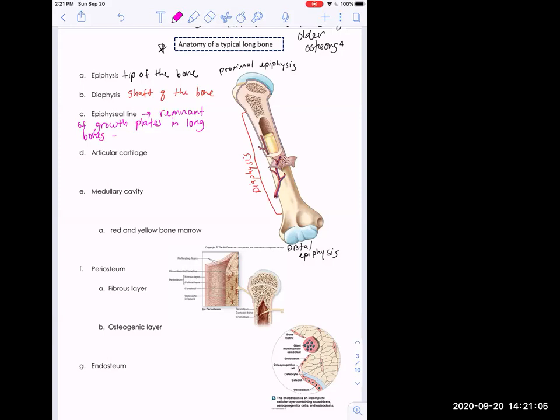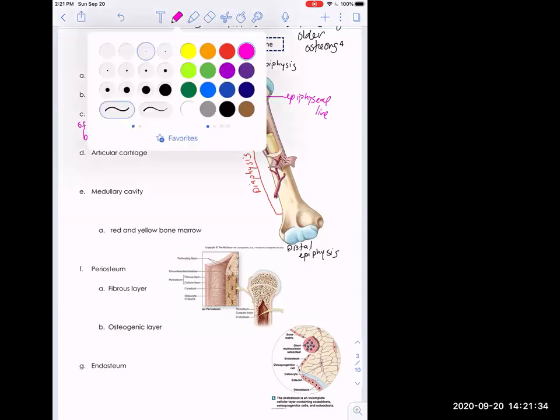So essentially, it's your ossified bone growth center. This growth plate usually ossifies late teens, early 20s. Epiphyseal line. If you look at a real transected bone, you can often find them. They're pretty easy to spot.